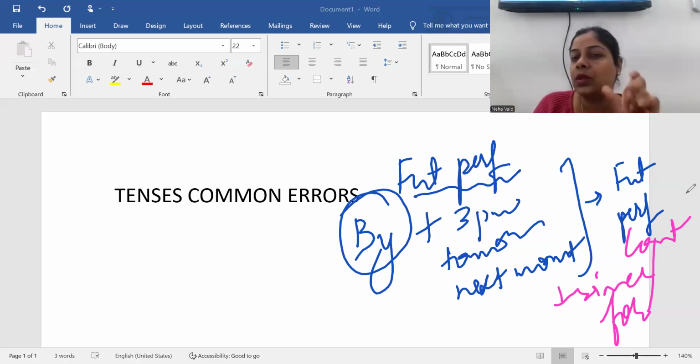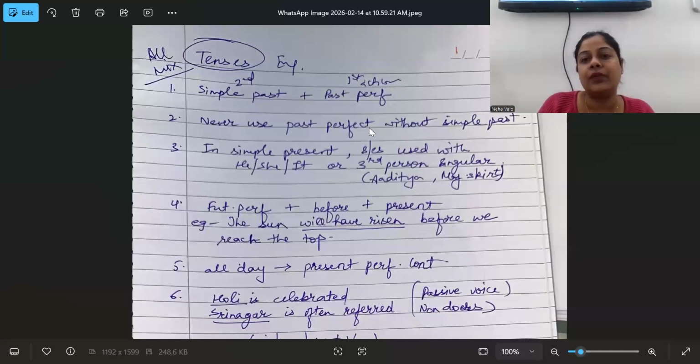Now let's talk about the major flaws that the students make in the sentences as per the exam pattern. Here we have the first concept where the students make the mistake: first action, past perfect, and simple past.